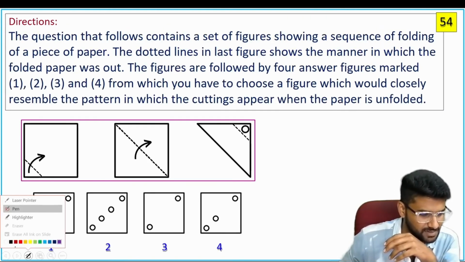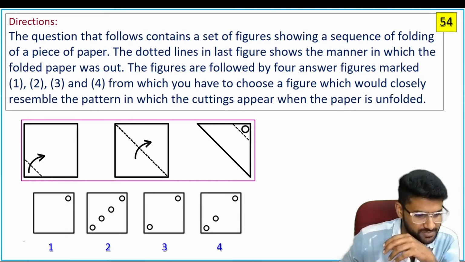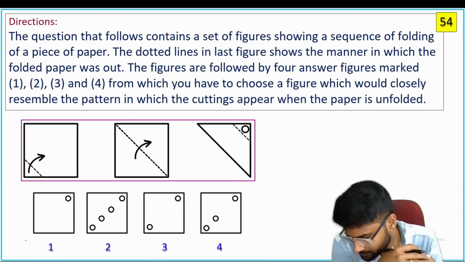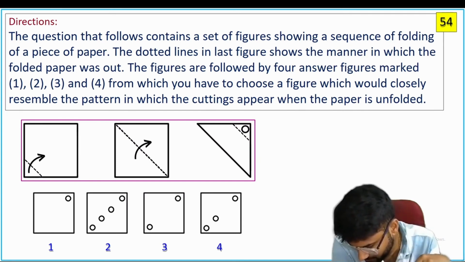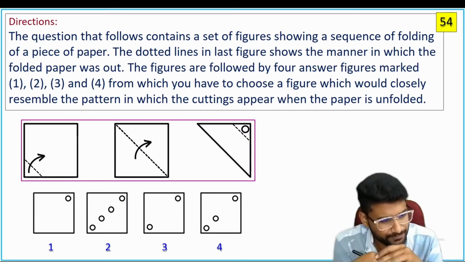Next. Paper folding and paper cutting concept. Very good, Mama. Venu, Ganesh, Tulasi. Very good, doing good. Go to the next one.